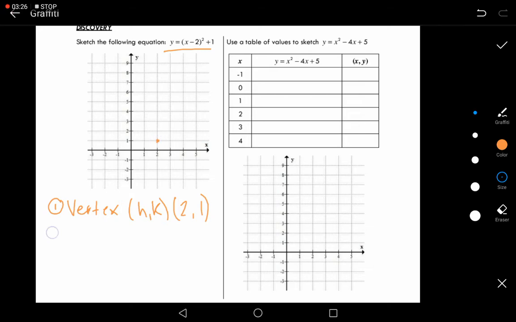Okay, the second thing we needed to do is figure out our step pattern, right? So in this case, we don't see an a, which means it equals 1. So our step pattern is going to be exactly the same as our base graph. So 1, 3, 5, etc. Because there's no negative out front, we know that we're opening up, so we can simply use that step pattern to graph. So I'm going to go over 1, up 1 on both sides, and then from there, over 1, up 3, 1, 2, 3, put a point, 1, 2, 3, put a point.